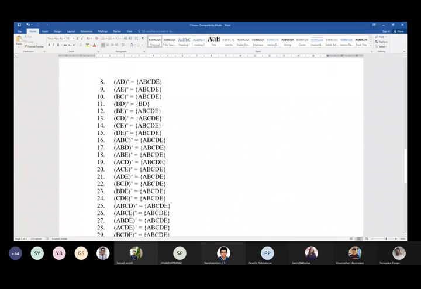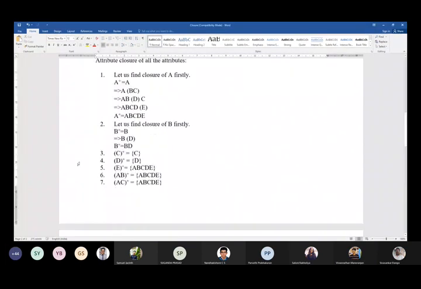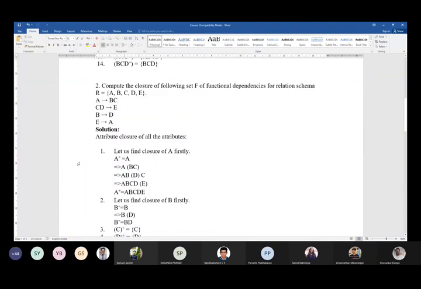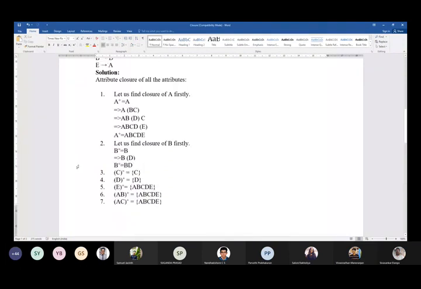So you can make a note of it. Closure property is important because we'll be using it in normalization to check whether the decomposition is going to be a lossy decomposition or lossless decomposition, and to check whether the functional dependency is preserved in the decomposed relation. So there are two desirable properties of a decomposition.